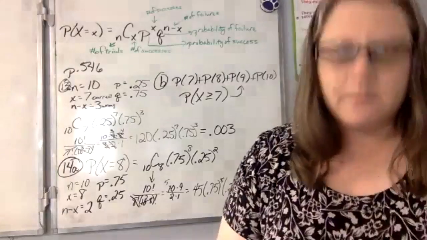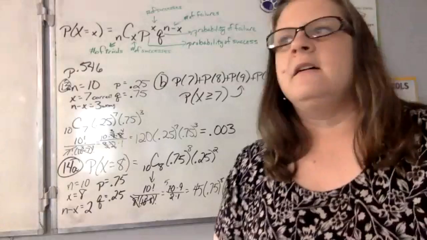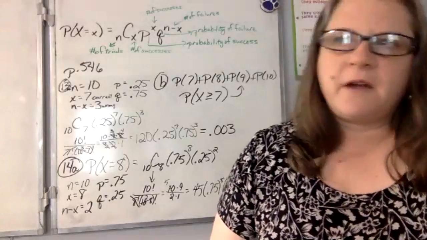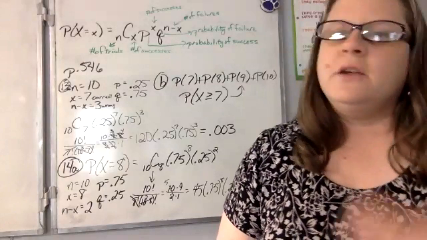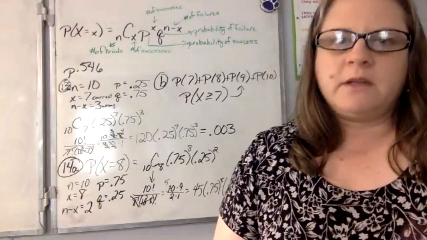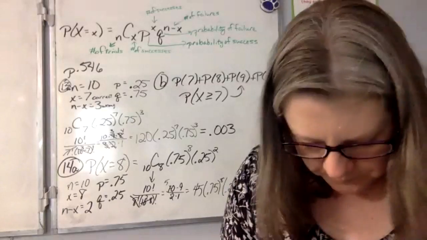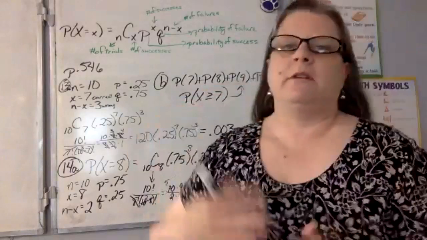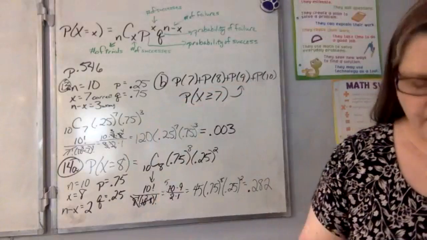There is a fixed number of trials, so they can't say best 3 out of 5 or best out of 10. It has to say they're doing it 20 times or 15 times. And the probability of success has to be the same for every trial. There's a set percentage of accuracy.